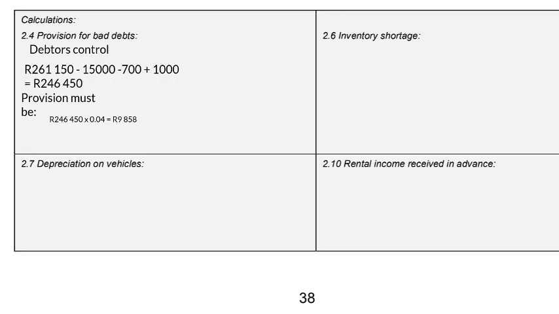The balance for provision for bad debts that goes to your income statement is thus 11,000 Rand minus 9,858 Rand, to give you an answer of 1,142 Rand decrease.